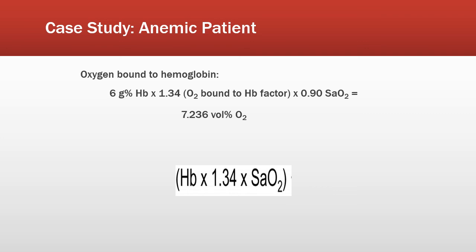If you got 7.236 vols percent, you're correct for the amount bound to the hemoglobin, but that's only half the equation. We need to look at the portion in the plasma. Yes, it's small, but important.